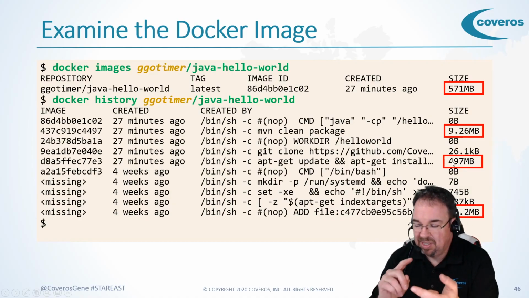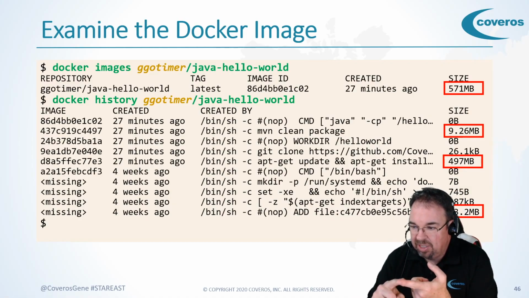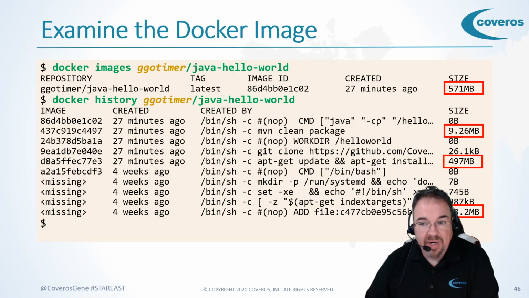And that was the JDK, Maven, and Git, those programs. So now we're getting into something fairly big. This is not the type of binary we want to be passing around as much as possible. But hey, it's not the end of the world. It's less than a gig, but still, that's a big chunk.